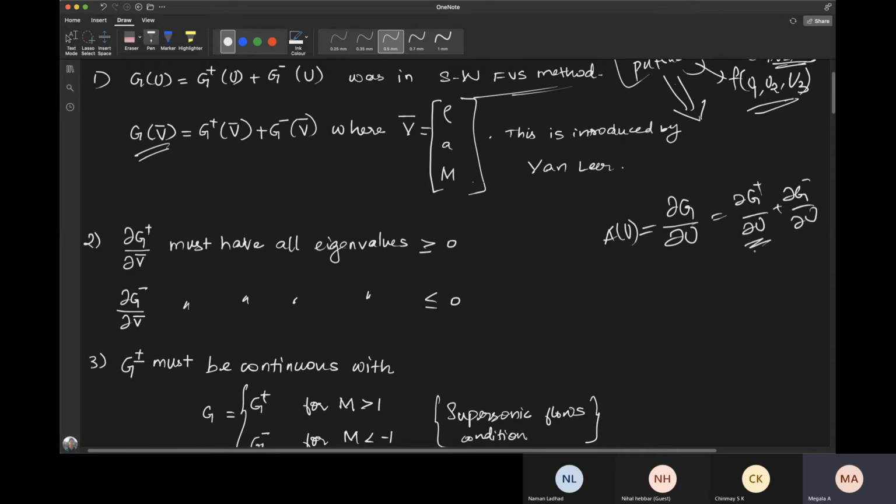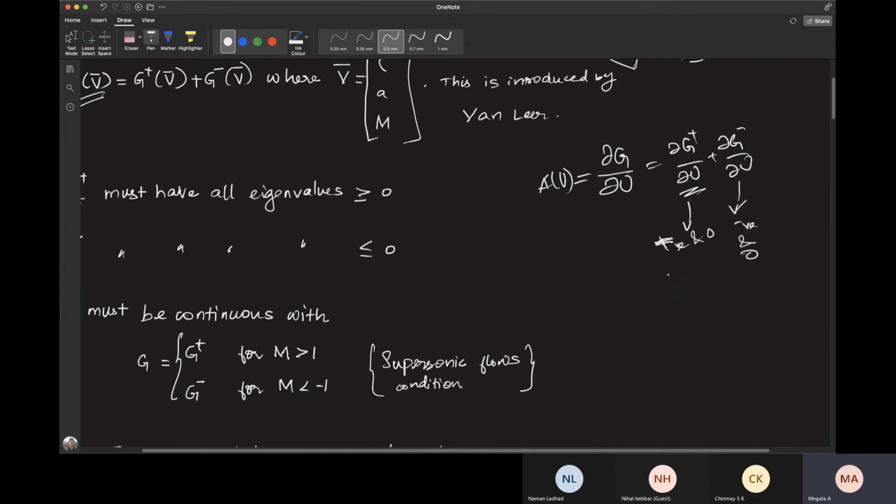Dou g plus by dou u had all positive and zero eigenvalues, whereas dou g minus by dou u had negative and zero eigenvalues. The diagonal elements of D plus were just positive and zero, and in the other case just negative and zero.